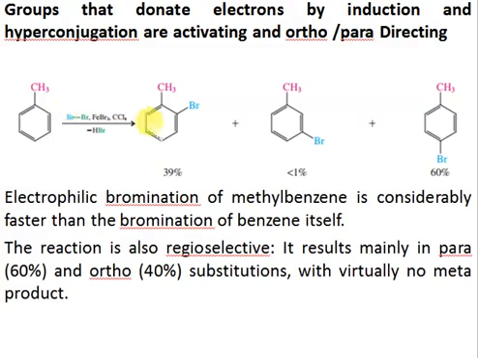Under these conditions, we get 39% of the ortho product, less than 1% of the meta product, and 60% of the para product, right?